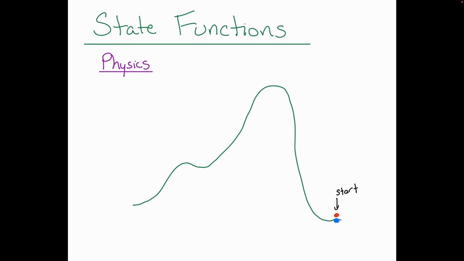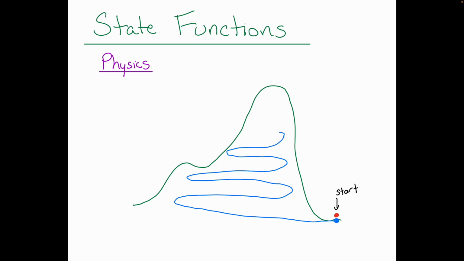All right? Our blue hiker is going to take off up this mountain, and it's going to do the nice leisurely switchback route. Back and forth up this mountain until it gets to the very top. Okay?